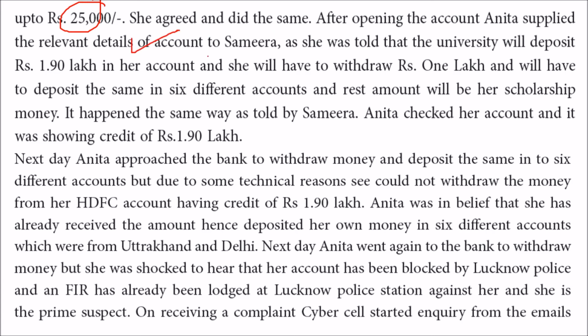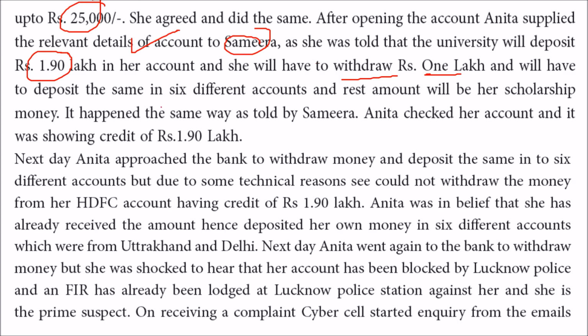She was told that the university would deposit 1.9 lakhs in her account, and she would have to withdraw 1 lakh and deposit the same in 6 different accounts, and the rest of the amount would be her scholarship. So out of 1.9 lakhs, 0.9 lakhs would be her reward, this scholarship, and 1 lakh she has to deposit. It happened the same way as told by Samira.